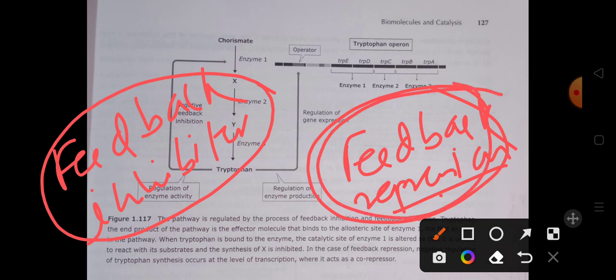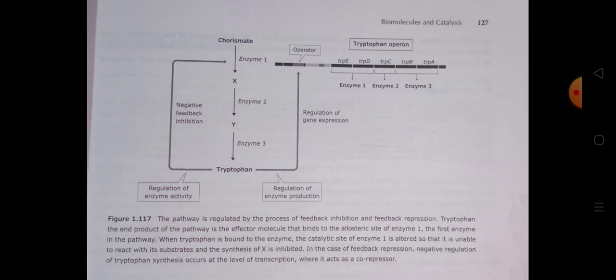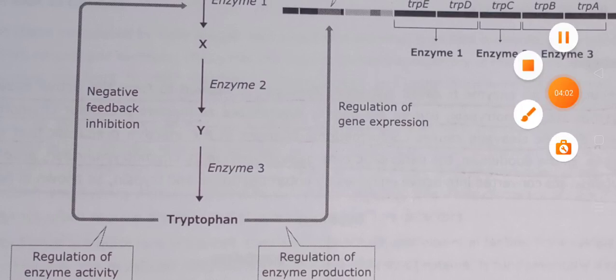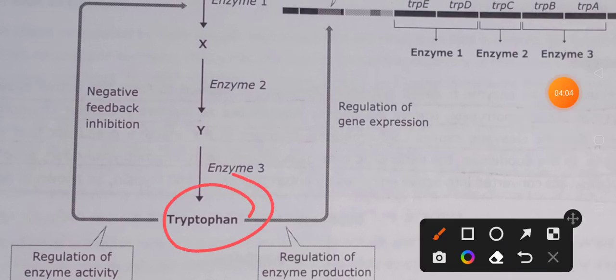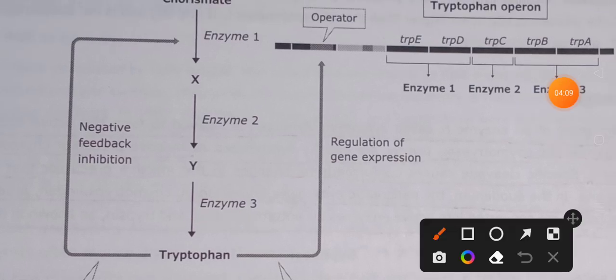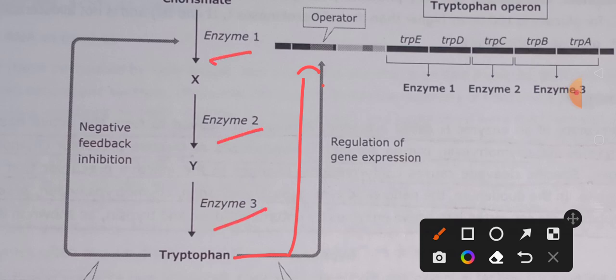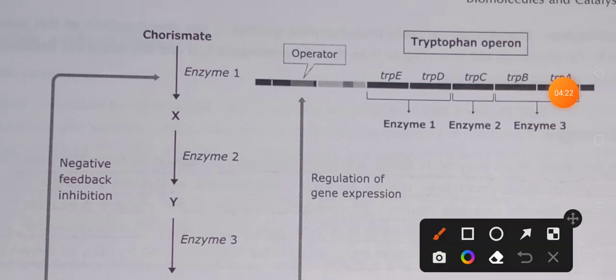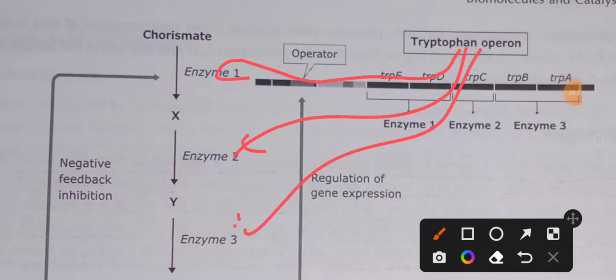Okay, feedback repression, what will happen? In feedback repression, when the end product is produced more than needed, the excess amount of the end product will bind with the operon responsible for synthesis of the enzymes, especially the first enzyme. Here the tryptophan operon is the operon responsible for synthesis of enzyme 1, enzyme 2 and enzyme 3, right?